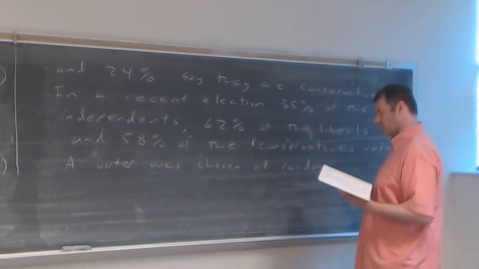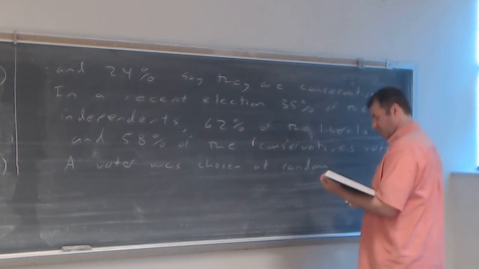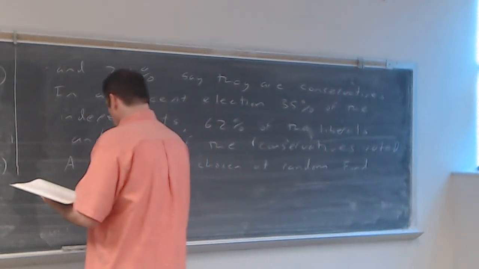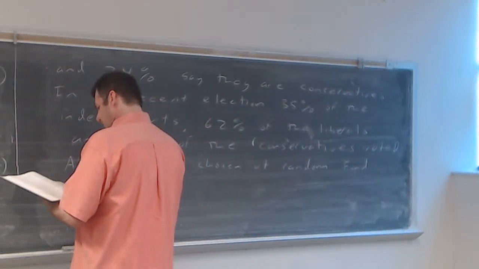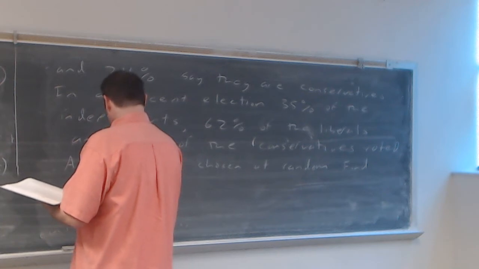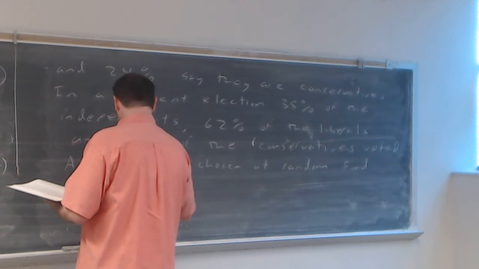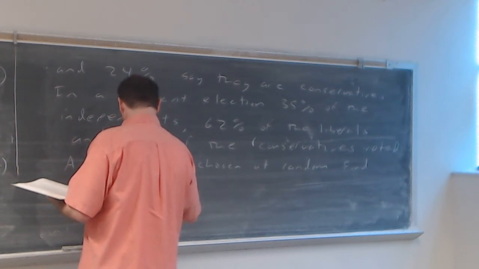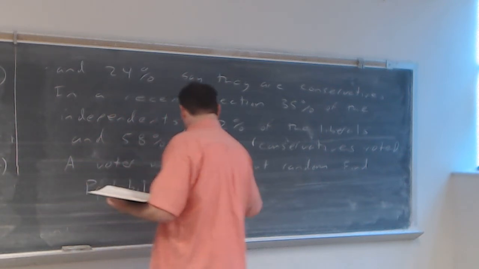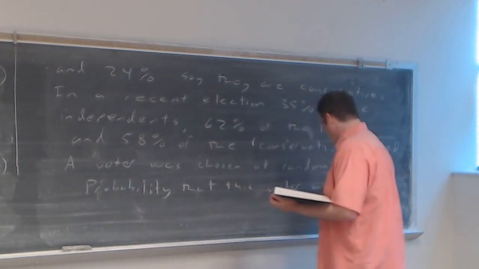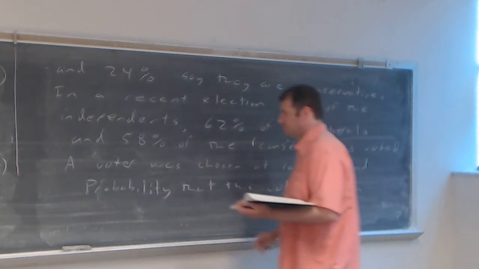Okay, here's what we want to find. It says find the probability that this voter was an independent.